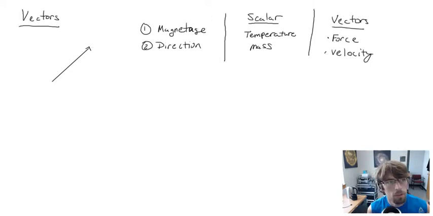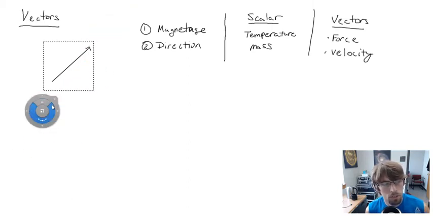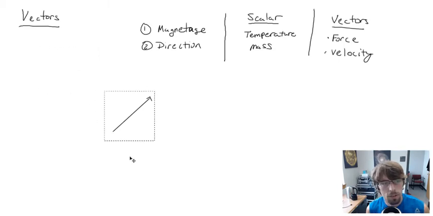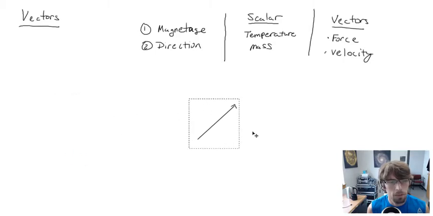One of the things we should also mention is, how do you know if a vector is the same? One of the nice things about vectors is that you can translate them. In other words, I have a vector, I can shift it to a different location. This is still the same vector. It has the same length, it has the same direction, and so it's the same, regardless of where on the page I put it.